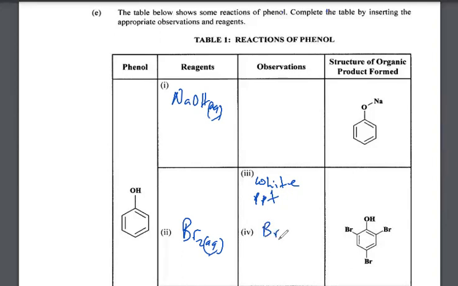I can put any two of them, preferably these two: a white precipitate forms, and the bromine water is decolorized.